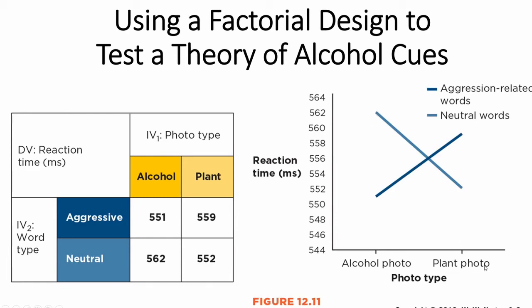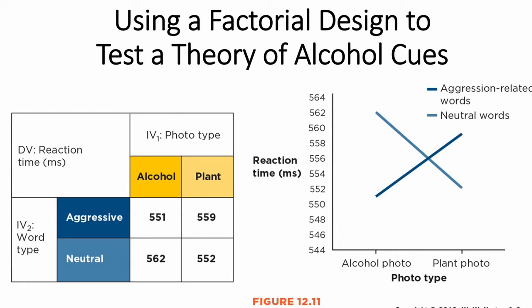When they had been primed with a plant photo, they were a lot faster to identify neutral words than aggressive words. Or if we wanted to frame it a different way, when they were identifying aggression-related words, they responded faster when they saw alcohol first versus when they saw plants first. Or the opposite for our neutral words.